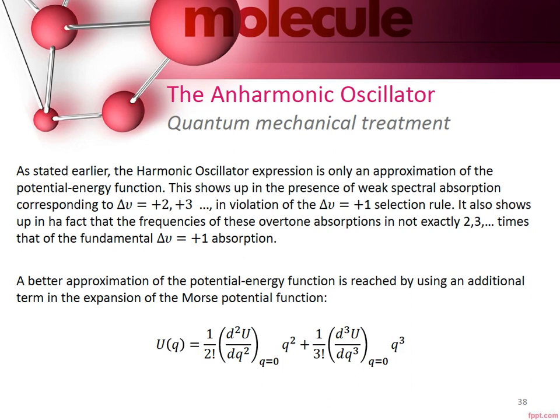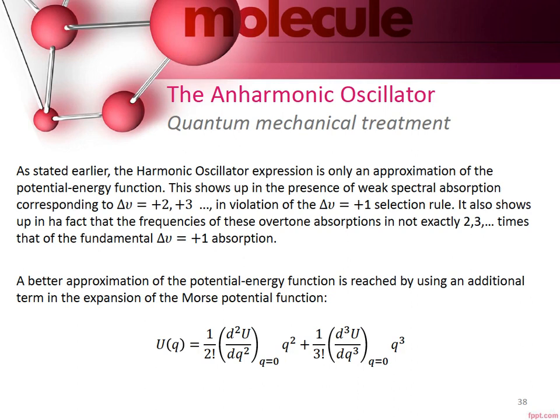It can absorb light to go to the vibrational level of energy just above it, corresponding to V plus 1, but it can also go to V plus 2 or V plus 3, but with much lower probability. This explains, in fact, the harmonics that we have seen in the experimental slide at the very beginning.